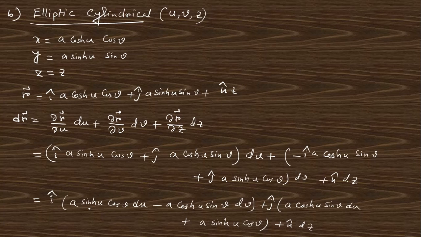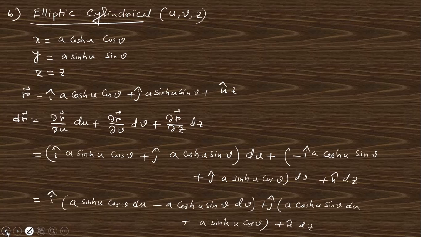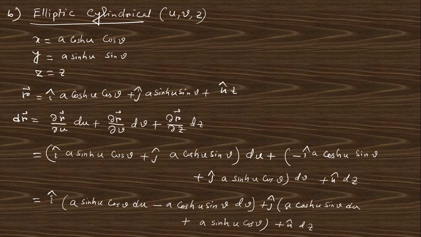So this gives you sin hyperbolic square u cos square v, and this is cos hyperbolic square u sin square v. Okay.